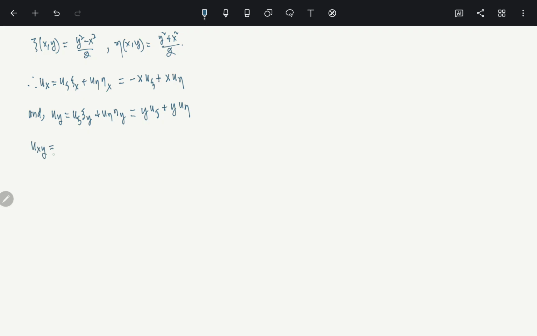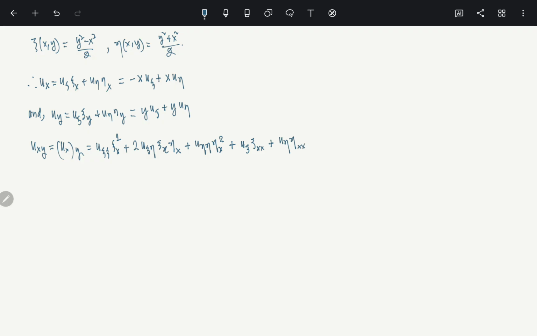Okay, so what is u of xy? u of xy is nothing but ux with respect to y. So if we do that, the whole expression looks like this: u xi xi x square, plus 2 u xi eta xi x eta x, plus u eta eta x square, plus u xi xi xx plus u eta eta xx. Clear?